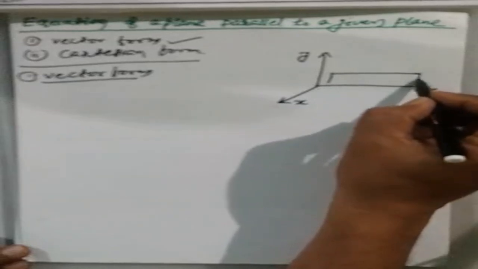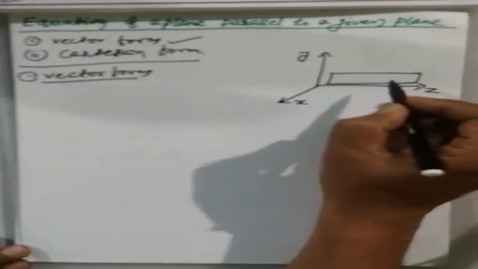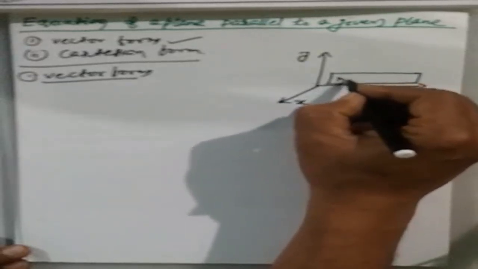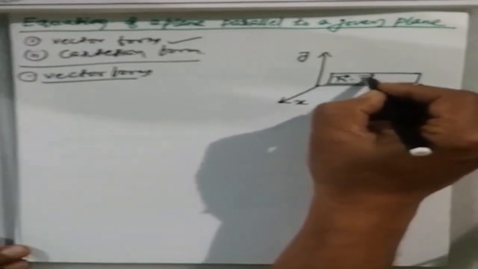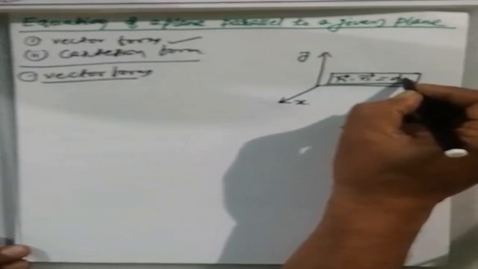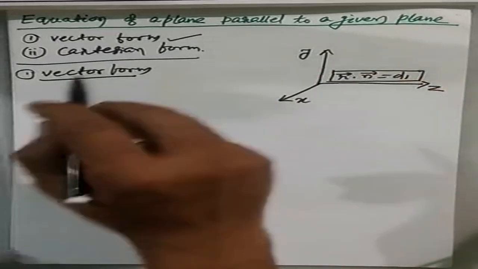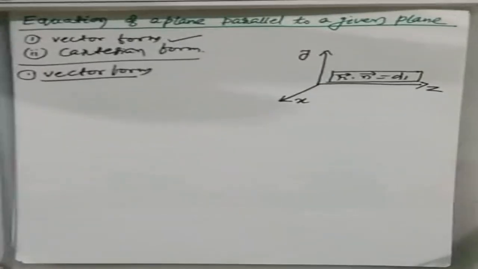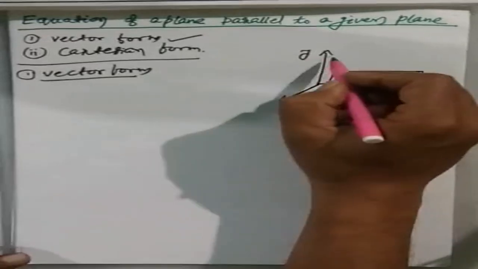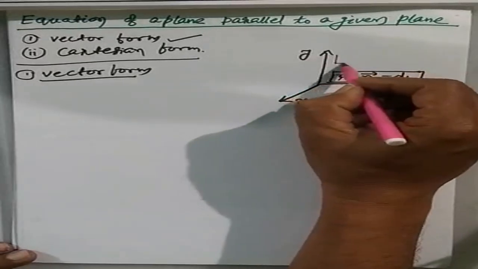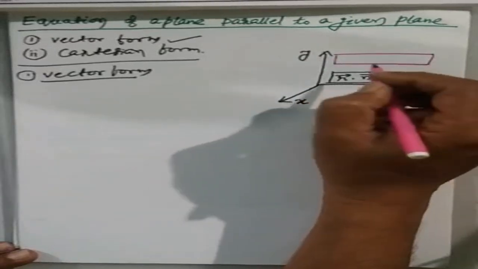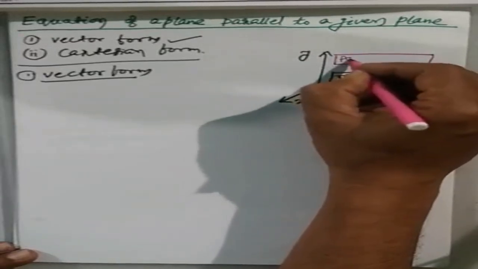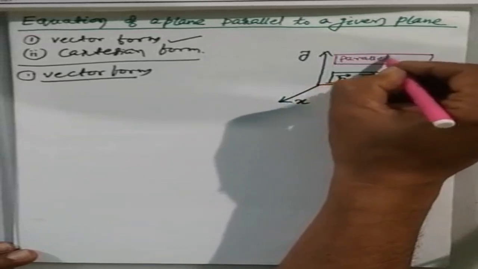This is a given plane, and the equation of the plane is vector r dot vector n is equal to d1. And let's say we have another plane here parallel to the given plane. So I can write, this is my parallel plane.